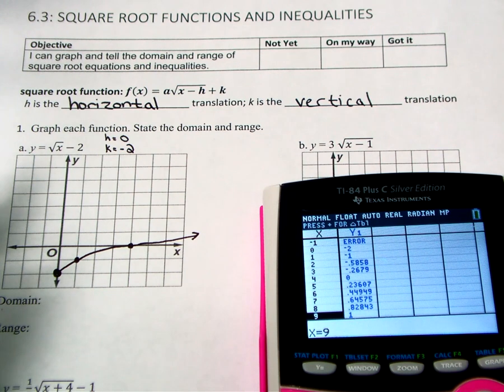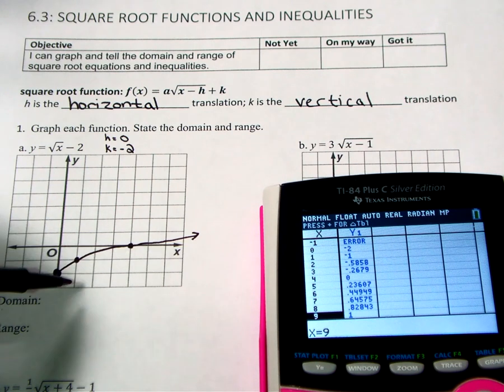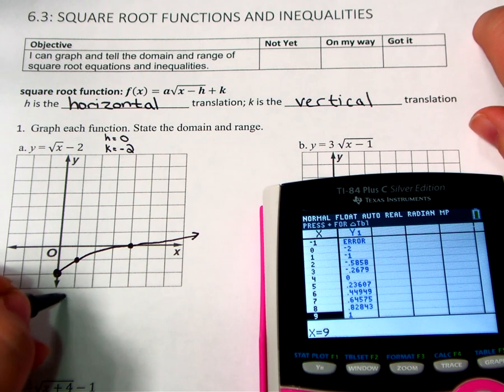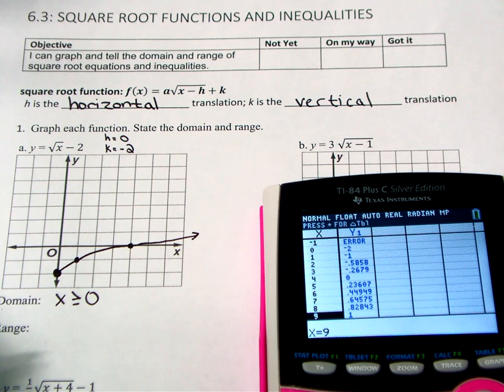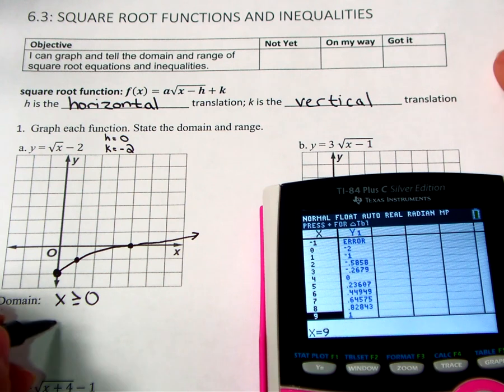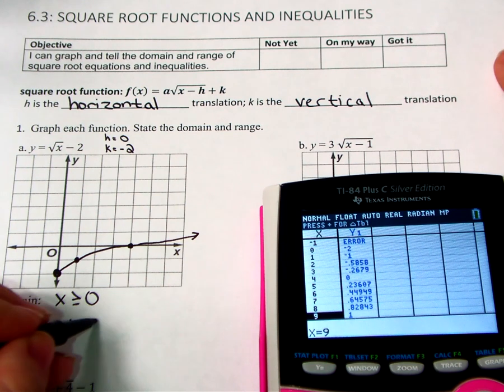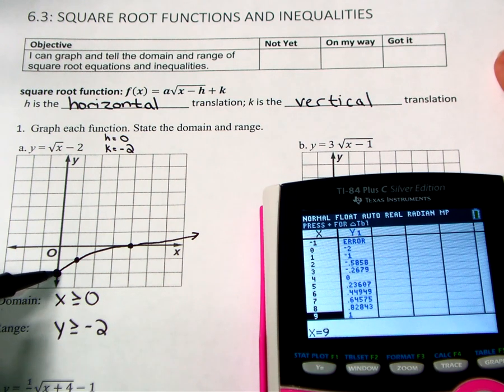So let's talk domain and range about this. If there's a starting value for x, that means that my domain is not going to be all real numbers this time like we're used to. What would you say the values of x are here? X is greater than or equal to 0. It can be equal to because it's actually starting at 0. What about for y? Y is greater than or equal to negative 2 because it starts at negative 2 and continues to go up.